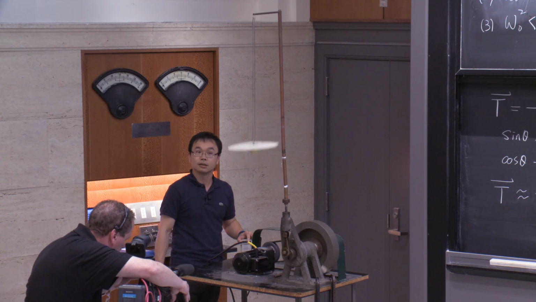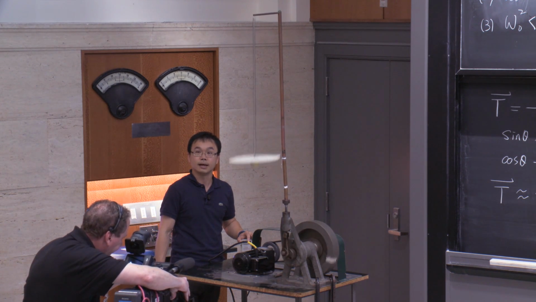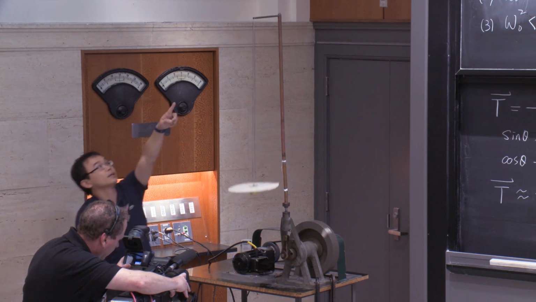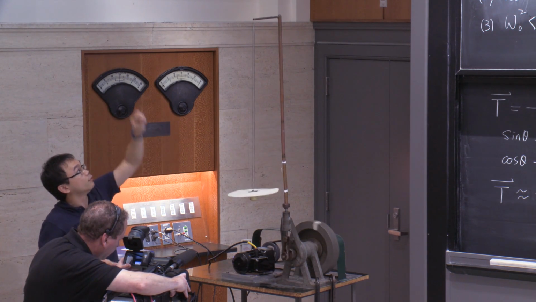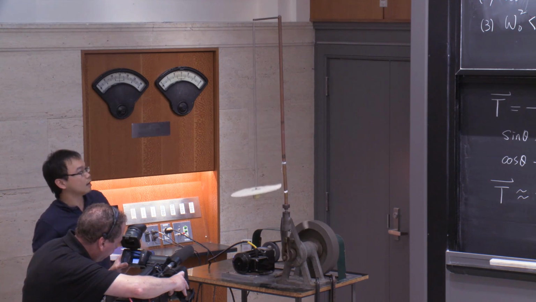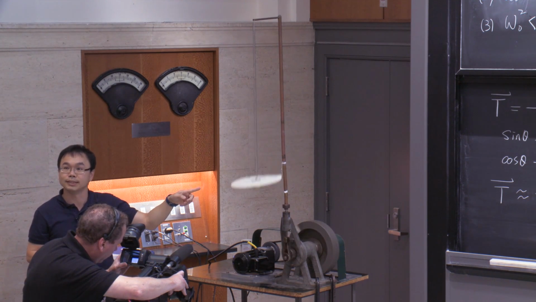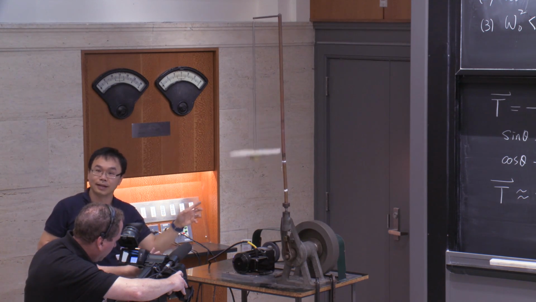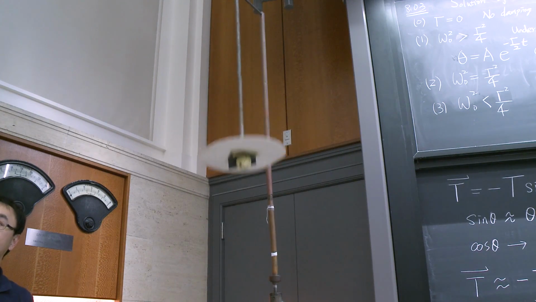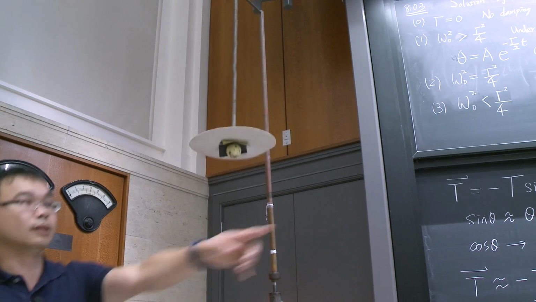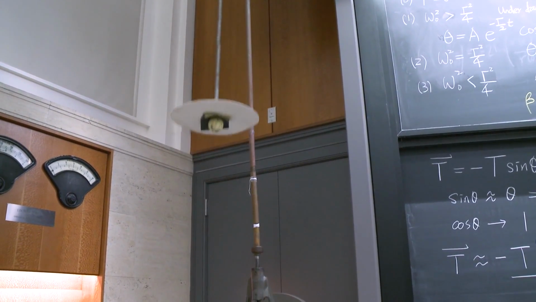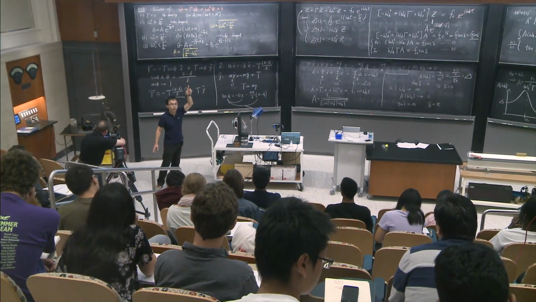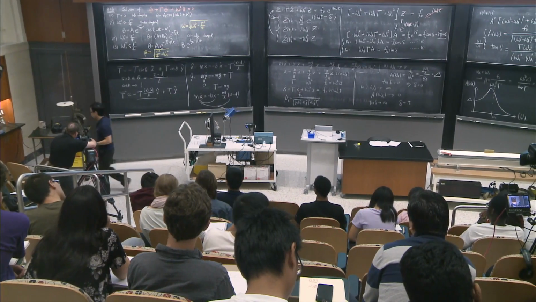Did you see that? It started to oscillate up and down, right? Because right now, look at the top, the frequency of the motor is really close to the natural frequency of this system. So a resonance behavior will happen, and with omega d around omega 0, you are going to get a large amplitude.